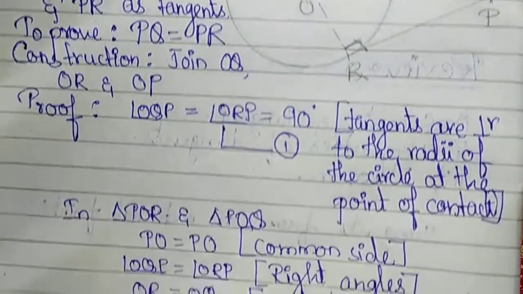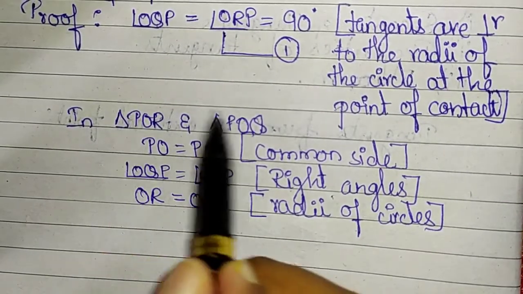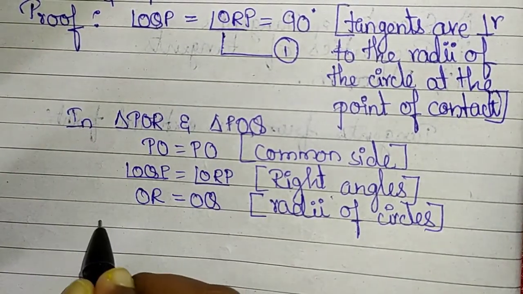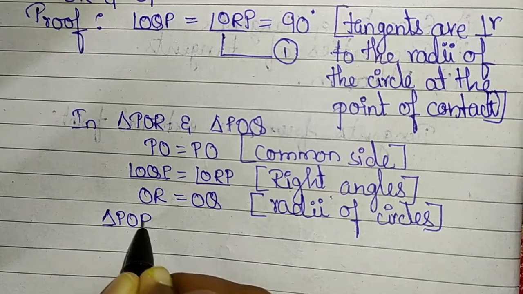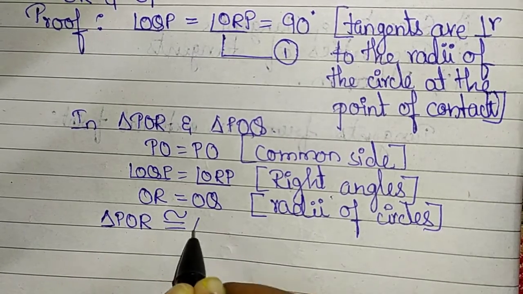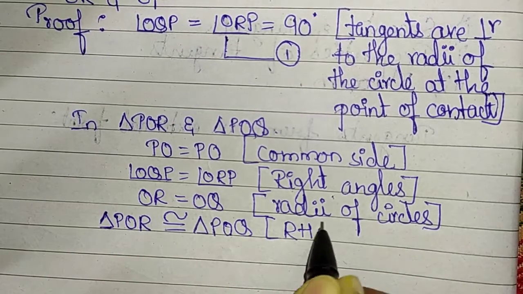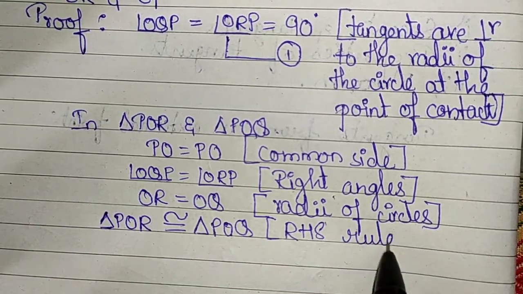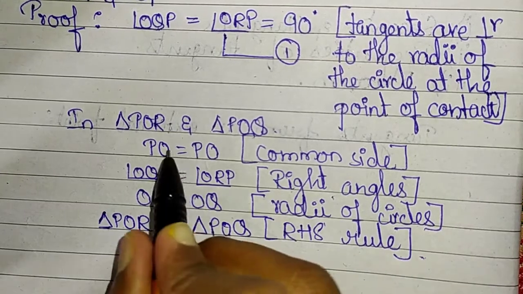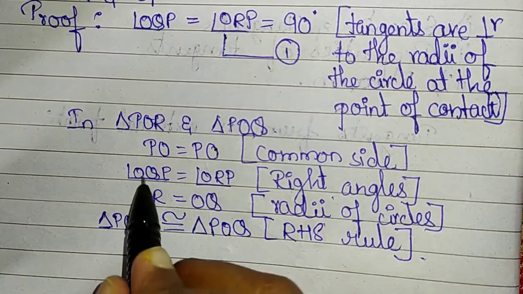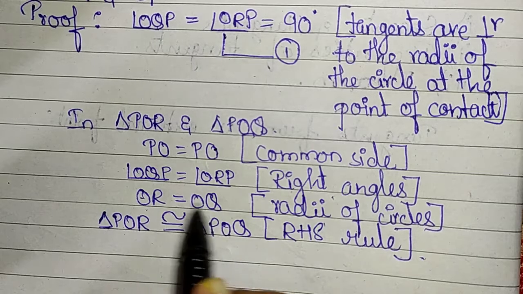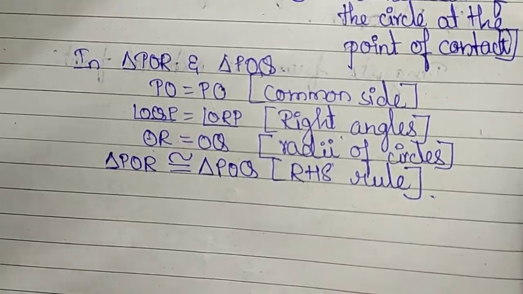the hypotenuse. So we have two right angle triangles, thereby triangle POR is congruent to triangle POQ by the RHS rule of congruency: PO hypotenuse, right angle and another remaining side. So by RHS they are congruent.